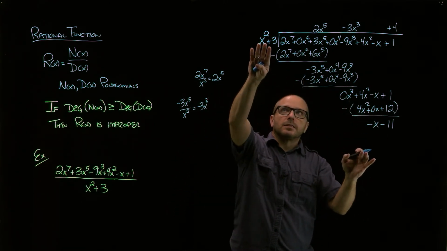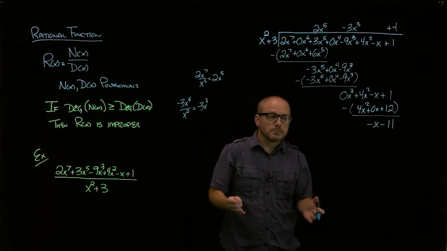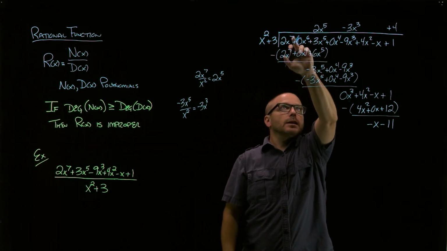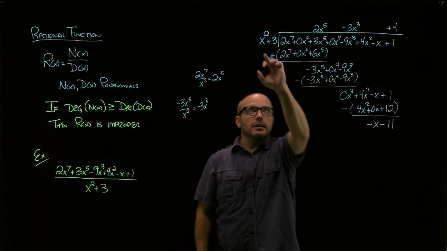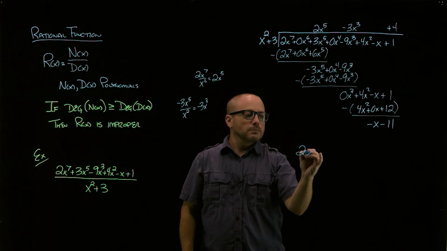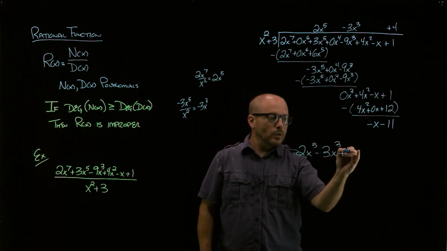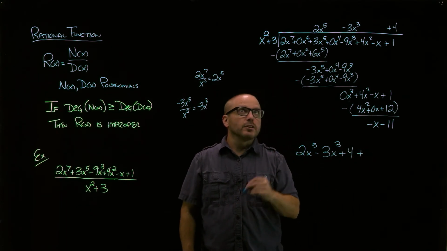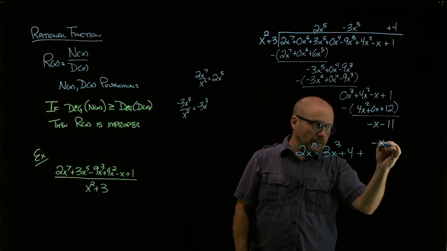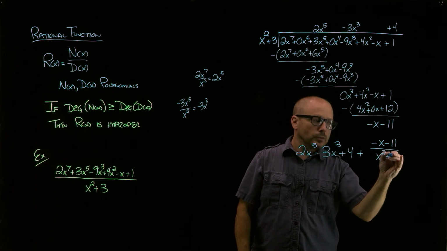Now this thing here divided by that quadratic is proper. So we're just going to leave that as our remainder. So this went into here that many times with this left over. So our result is 2x to the 5th minus 3x cubed plus 4 plus our leftover. We're sitting here wanting to divide that into that, but we can't, so that gets left over.